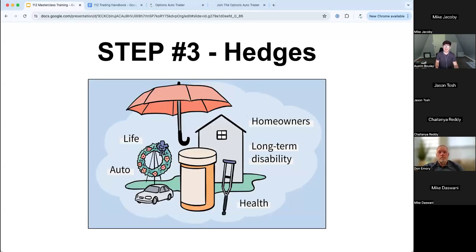First off, let's set the scene. What are hedges? Hedges are insurance. That's all they are. When we're scared of something bad happening, we buy insurance on something. That means it's not going to prevent it from happening, but if it does, at least we get some money from it, right? If we die, then our loved ones get money. If our car gets wrecked, we get money so we can get a new one. But the way insurance works is you pay it and then you never look at it again.